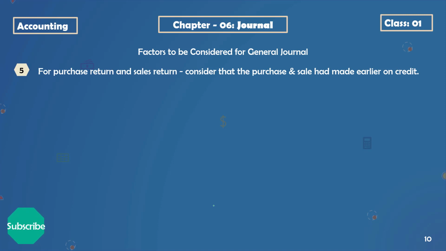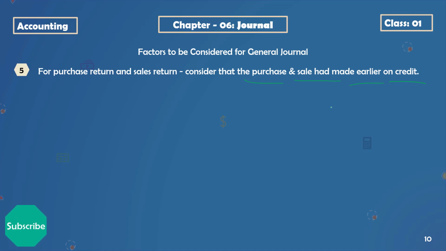Similarly, your customer can return your goods because they were not according to their expectation, or because of any other faults in the goods. So for purchase return and sales return, you have to consider that the previous transaction was a credit transaction. Consider that the purchase and sale had been made earlier on credit.